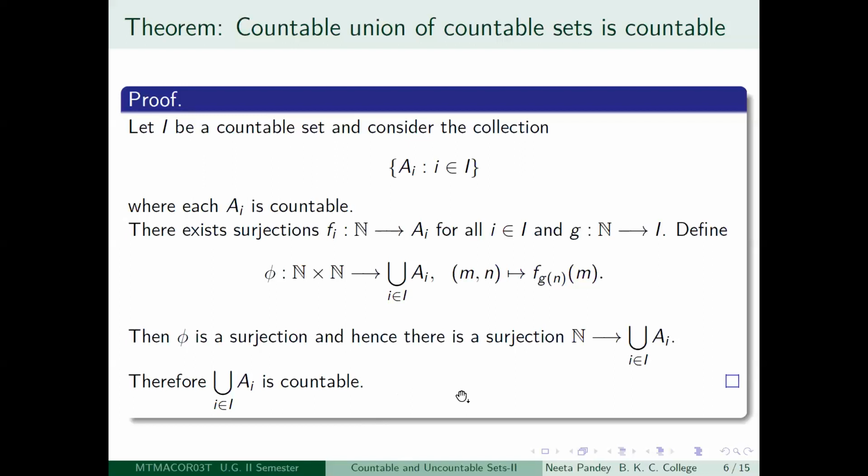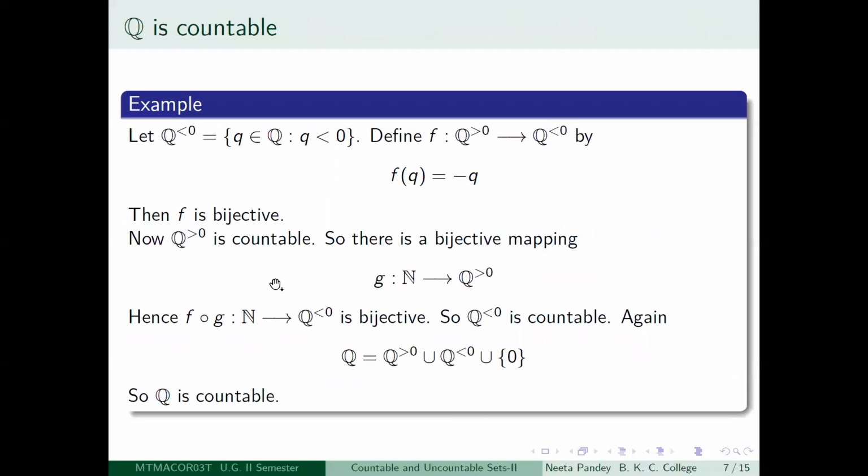So how we are going to use this result for the set of rational numbers is quite straightforward now. What you do is, using similar notation, let Q^{<0}, with less than 0 in the superscript, be the set of all rational numbers which are negative.